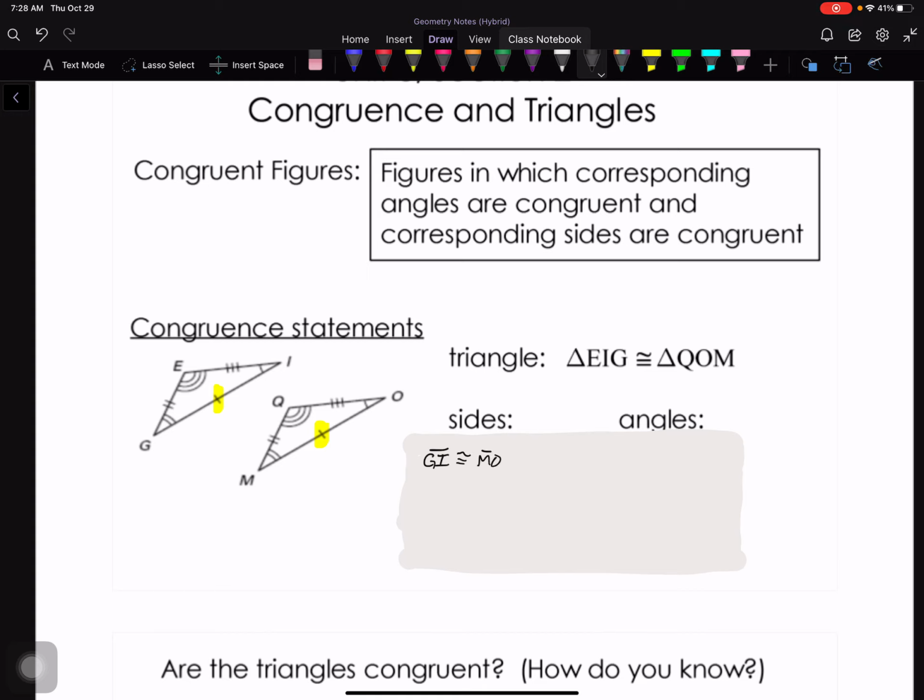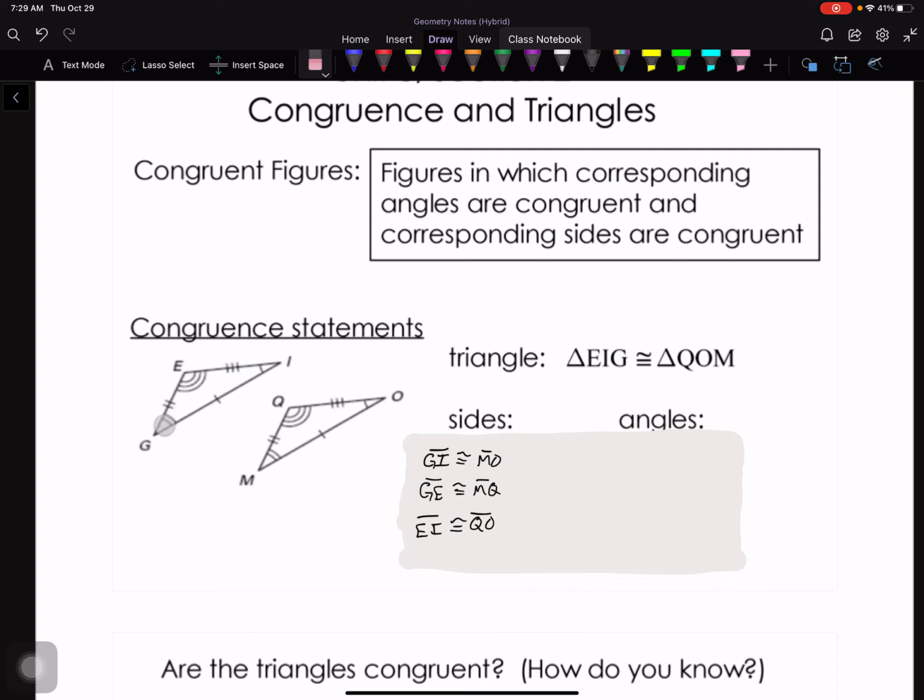Okay, and then GE and MQ are congruent. That's what those two bars are telling you. And then third, EI and QO. EI is congruent to QO by those three bar markings.